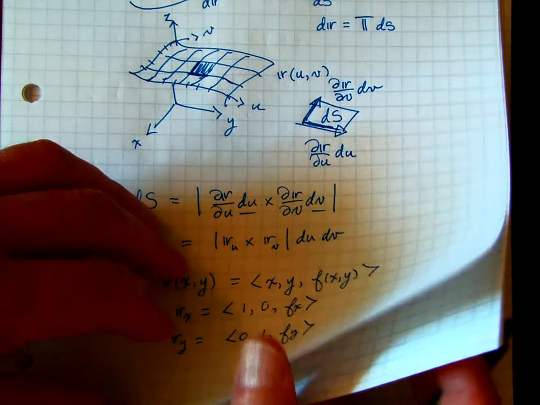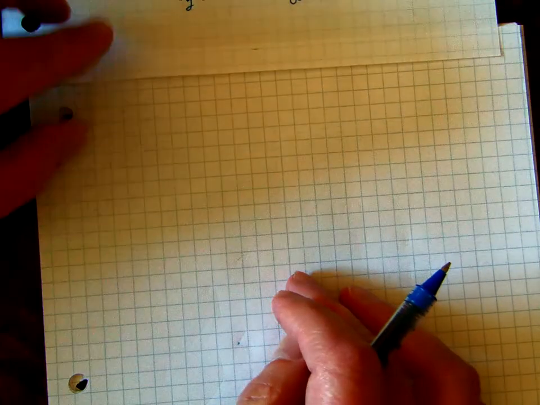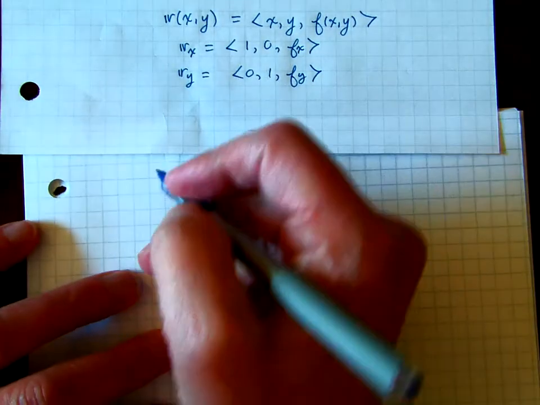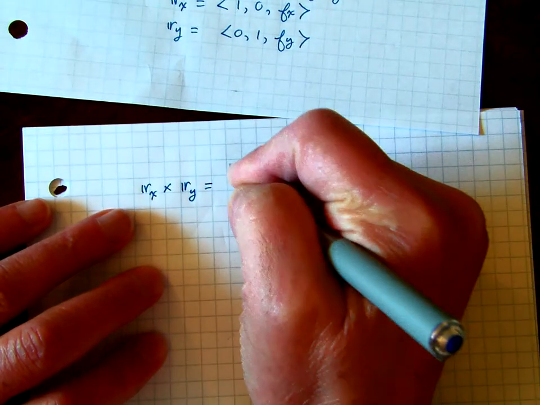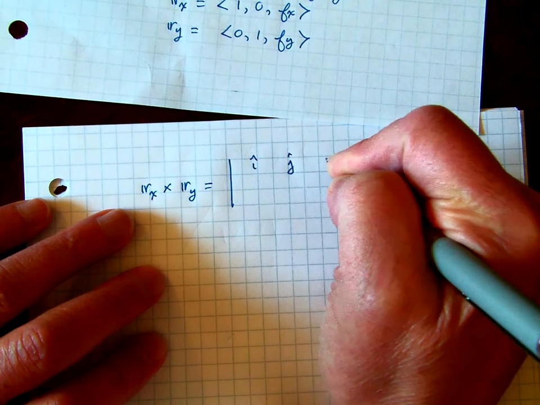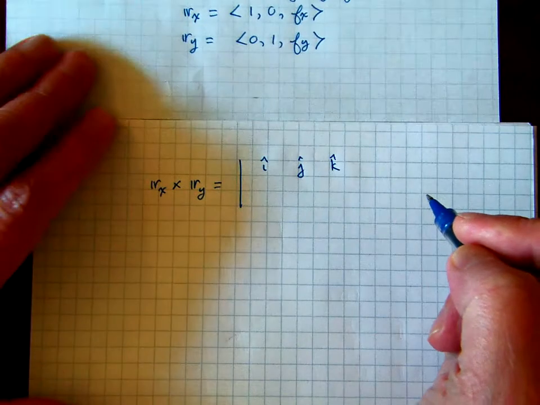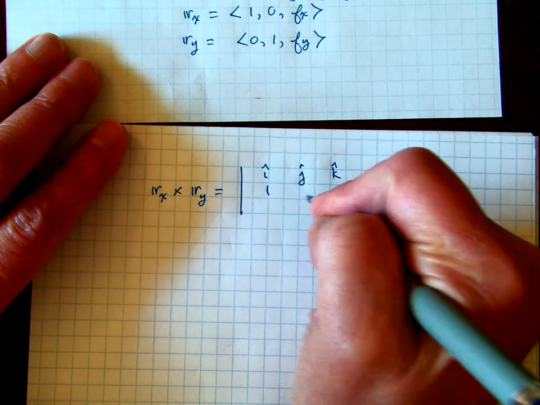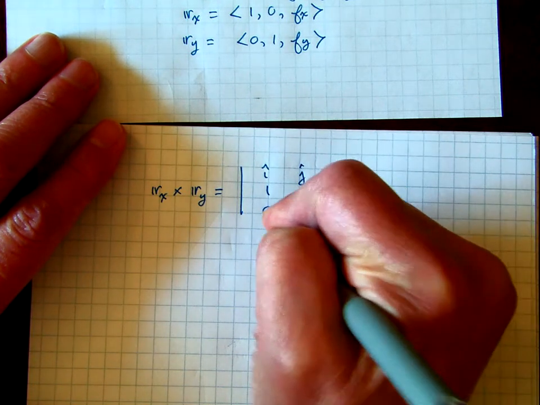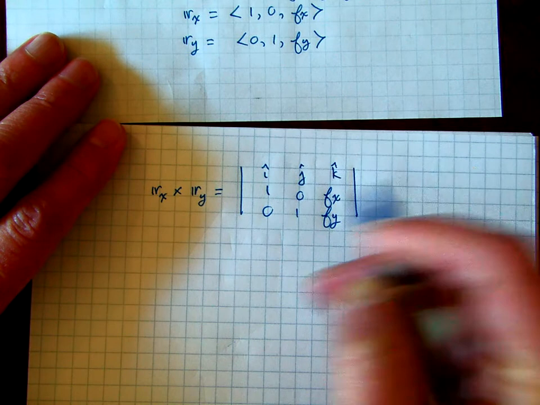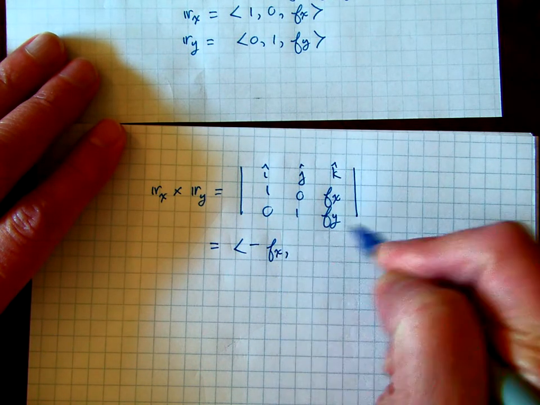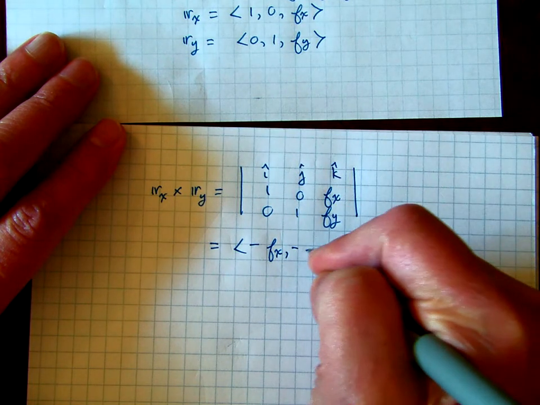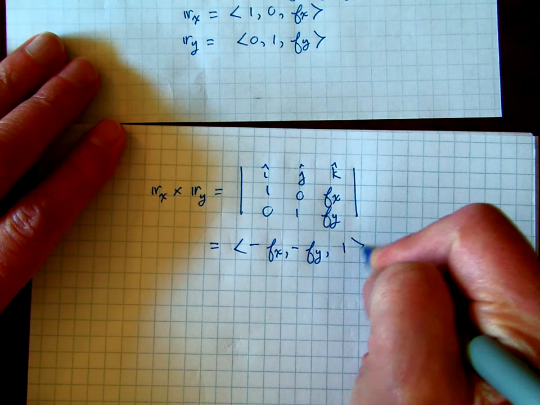If we now cross these, what is going to happen? We're going to have r_x cross r_y, set up with i, j, k, and we're going to have 1, 0, f_x and 0, 1, f_y. We do the cross product. We're first going to get minus f_x, and an extra minus here, minus f_y, and we get 1.